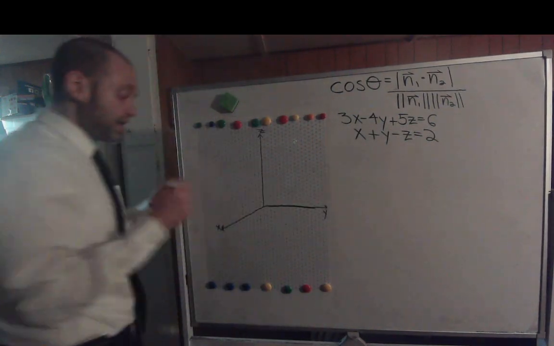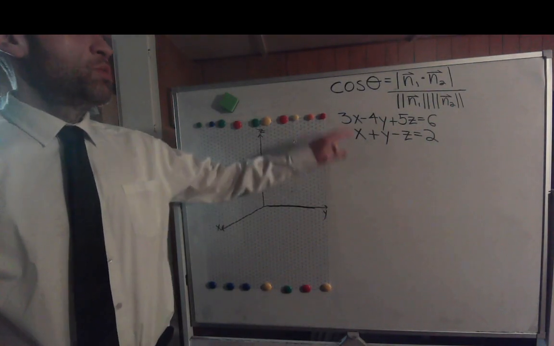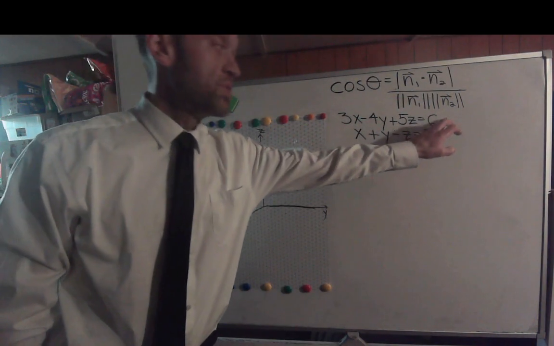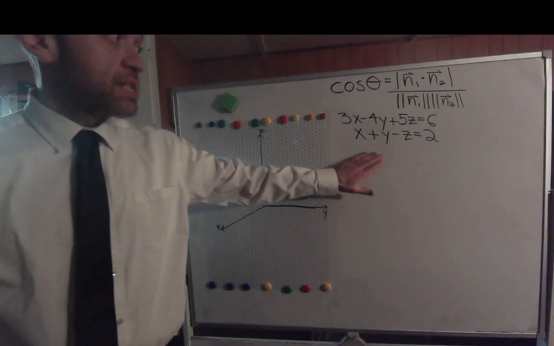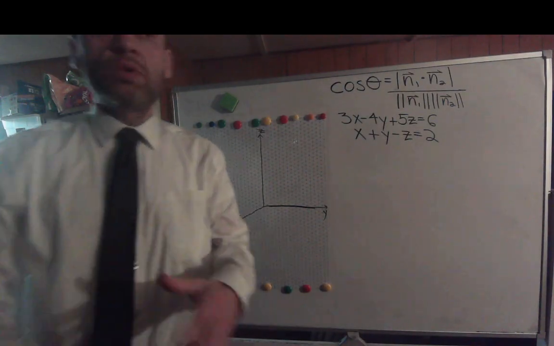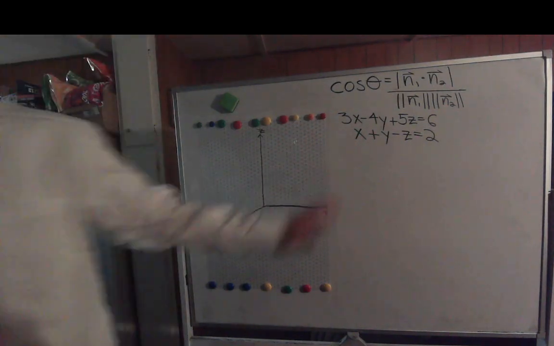Alright, so we have the standard form of the equation of two planes. We have 3x minus 4y plus 5z equals 6, and then x plus y minus z equals 2. We want to figure out the angle of intersection between these two planes.